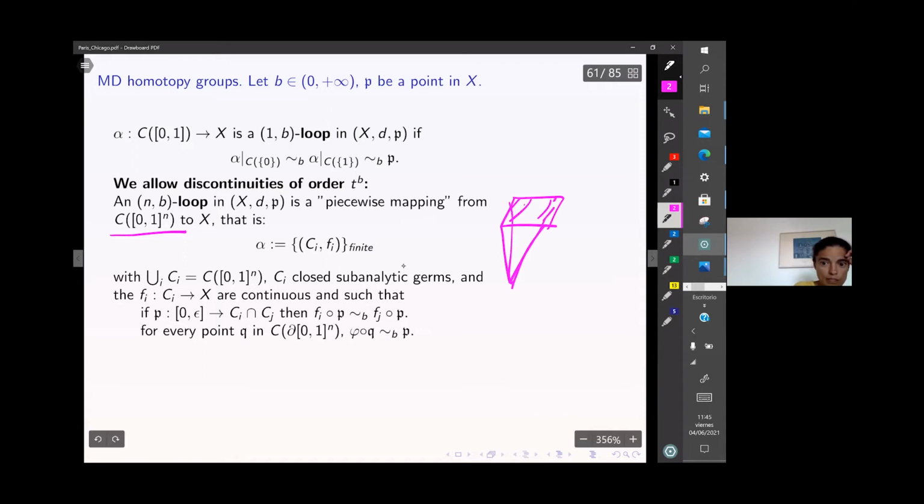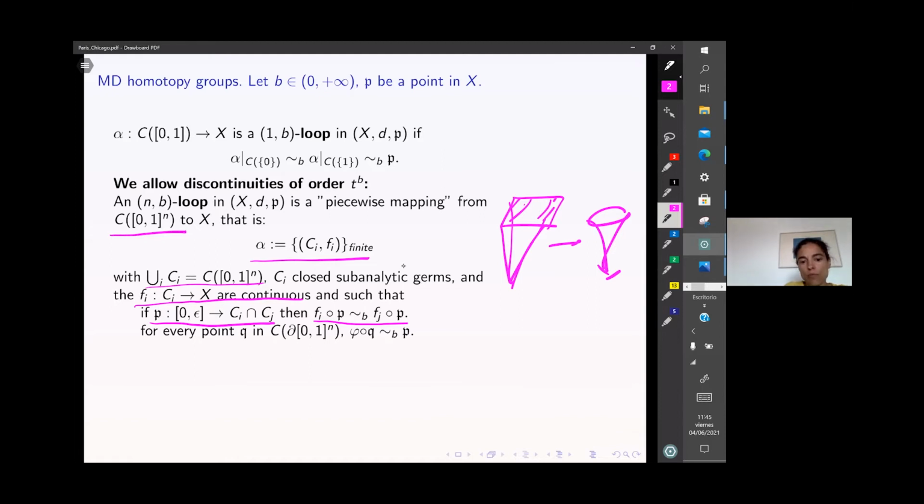So here we take cones over the cube that are given piecewise, etc. And we have the gluing condition. Okay, for any point in the intersection of the pieces, we have that the images are always B equivalent. So the image at the level of B points is well defined.